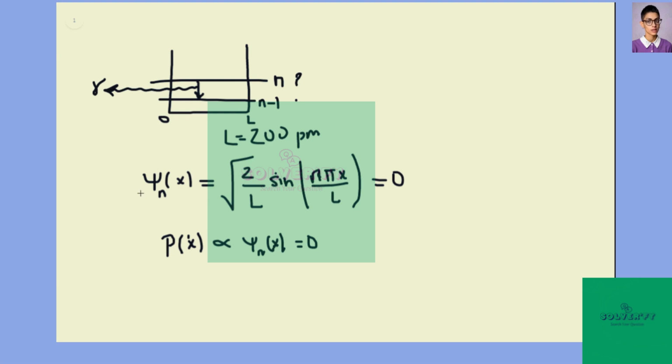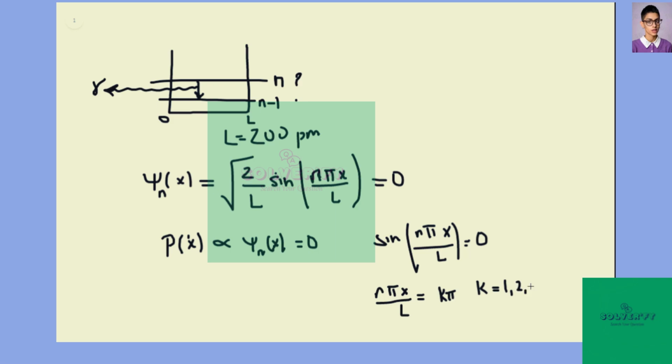Now we see that this function is equal to 0 whenever sine of n pi x over L is equal to 0, and that is true when n pi x over L is equal to some number, k pi. Now k can go all the way from 1, 2, 3, etc. It can keep increasing.